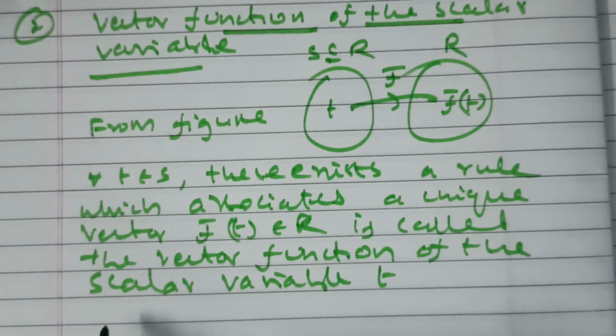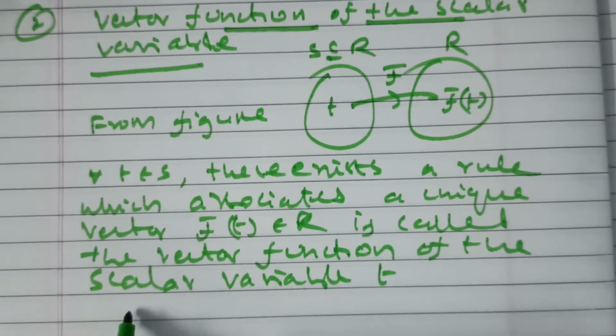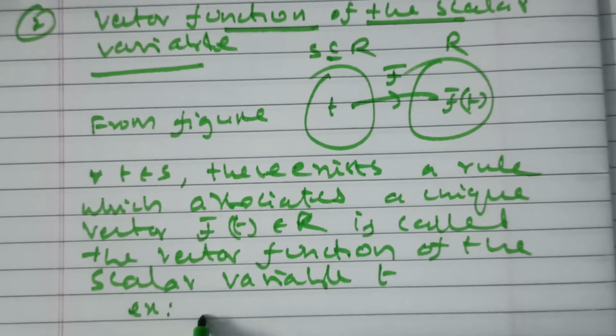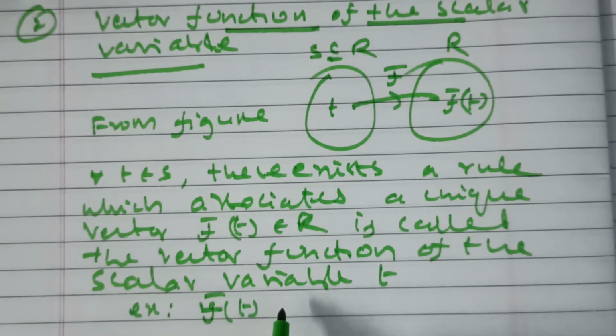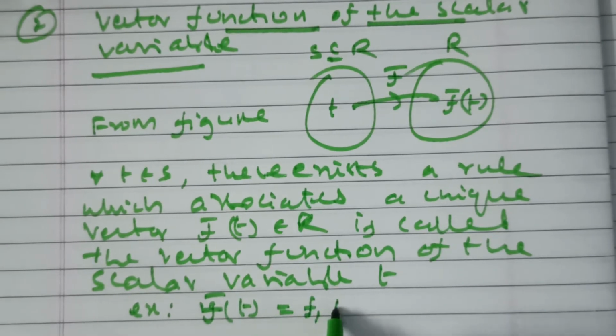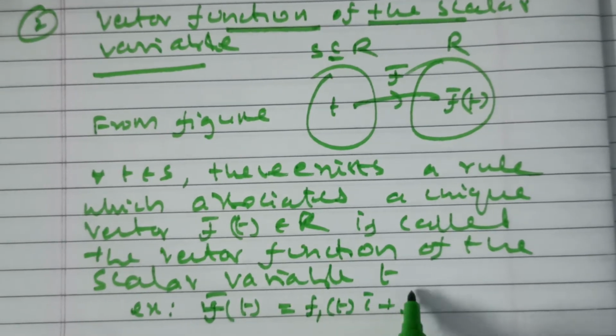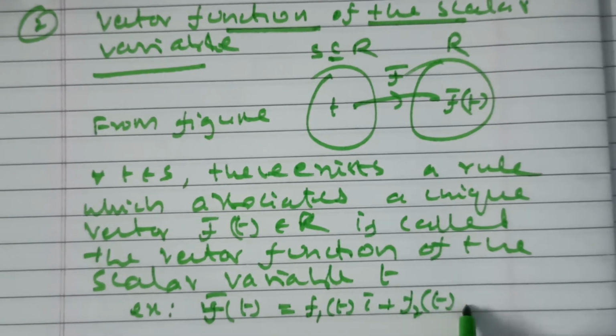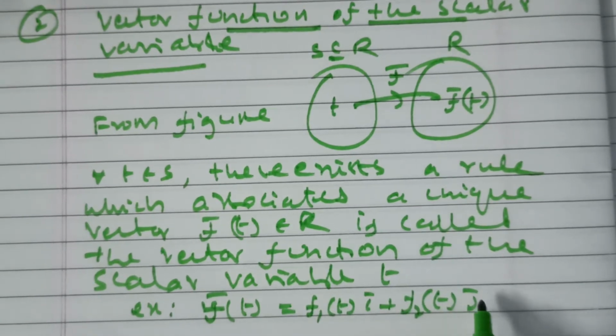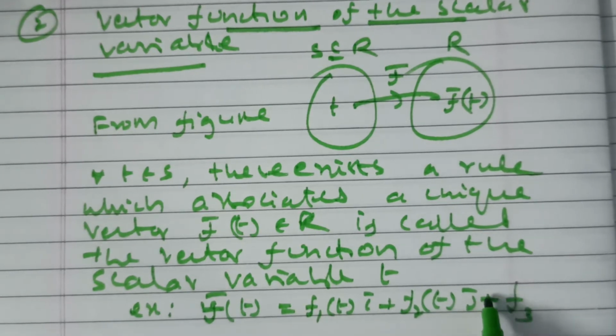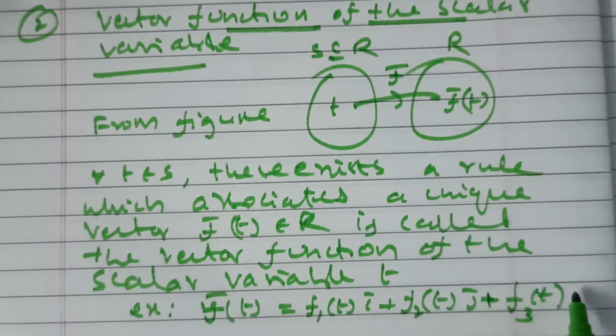So now example: f bar of t is equal to f1 of t i bar plus f2 of t j bar plus f3 of t k bar.